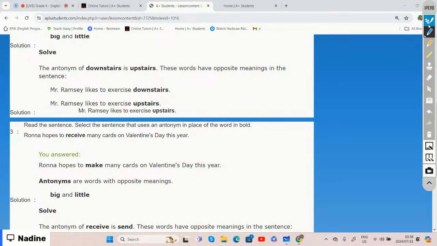Well done. The opposite of receive is to send something. So it's either I receive something or I send something. So the opposite of receiving something is sending something. So send. Well done.